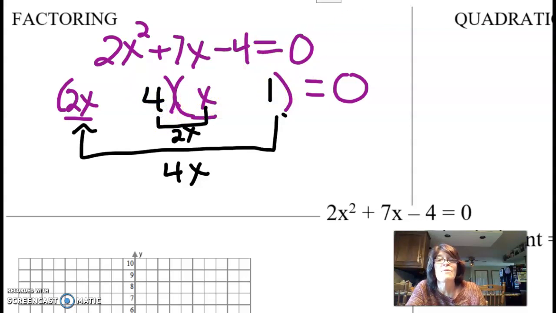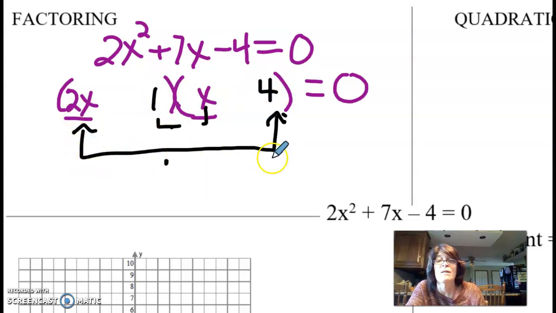Great. So now when I multiply the outers, remember outer plus the inners give me the 7. That's 2x, and then here's 4x. Wait a second, that still is not 7x. So perhaps I have the 4 and the 1 interchanged. Maybe this was 1 and this is 4.